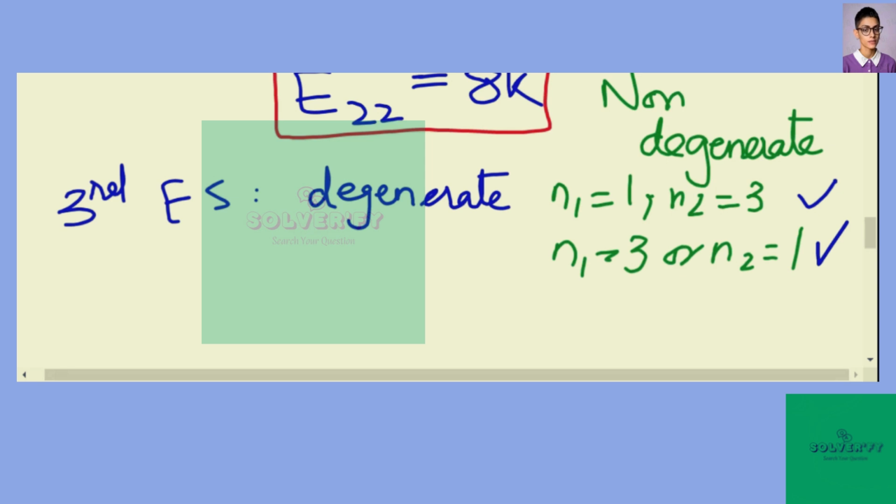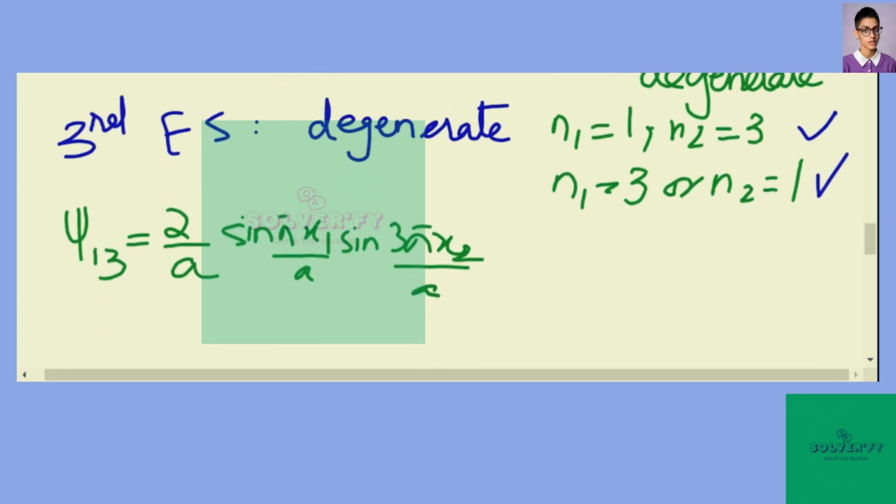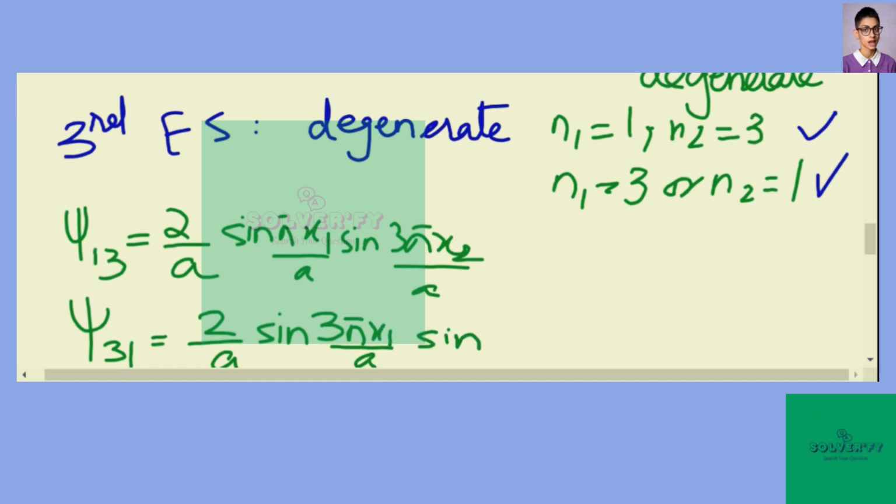Respectively, right? So we would get that the wave function 1 3 would be equal to 2 divided by a sine pi x1 divided by a sine 3 pi x2 divided by a, right? And the equation for wave function 3 1 would be 2 divided by a sine 3 pi x1 divided by a sine pi x2 divided by a, right?